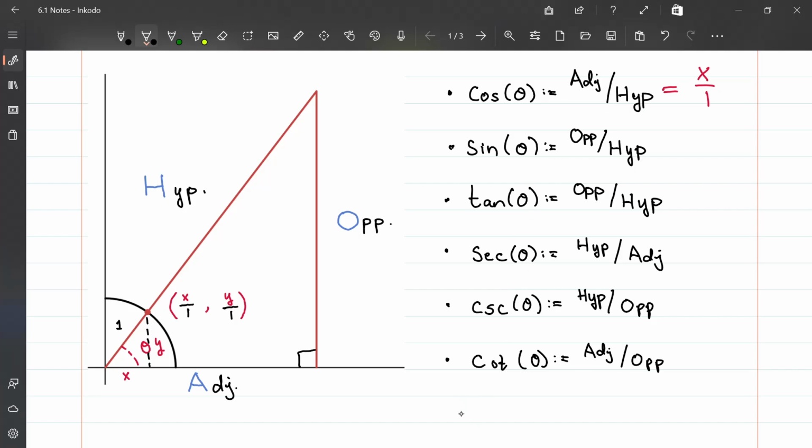And so for all the definitions above to work, we are assuming that theta is between 0 and 90 degrees strictly. I could also write that using radians. However, degrees are a little bit easier to use in applications, and so throughout this whole section, I'm going to be assuming that we're working in degrees unless I say otherwise.